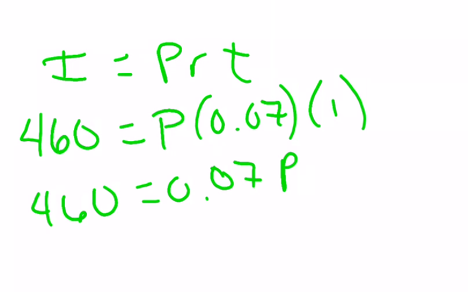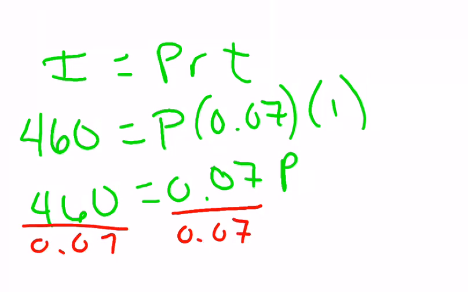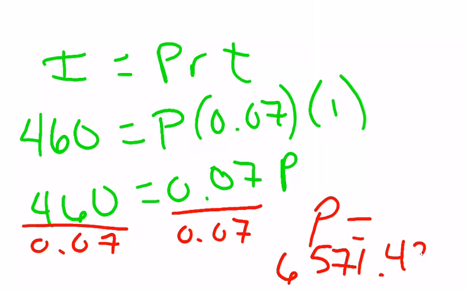And so to get P by itself, we need to divide both sides by 0.07. And so 460 divided by 0.07 gives us $6,571.43 if we round up.